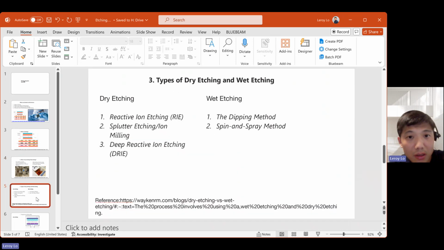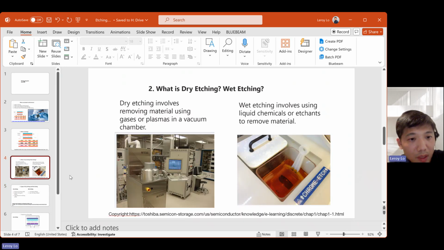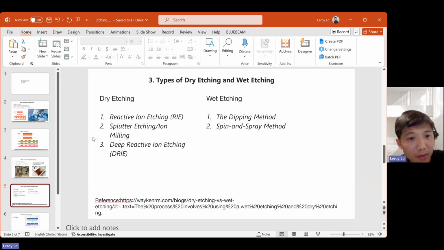Okay, next we'll talk about the types of dry etching and wet etching. First is dry etching: reactive ion etching, RIE, which we touched on a little before. Next will be sputter etching and ion milling, and third will be deep reactive ion etching.